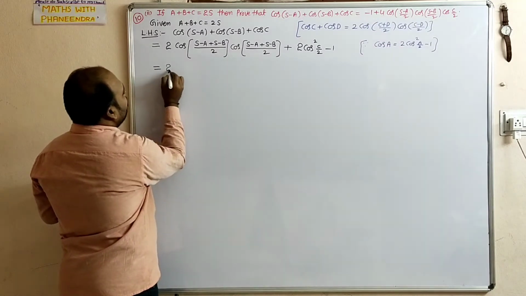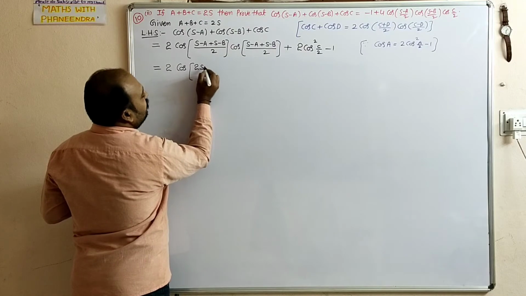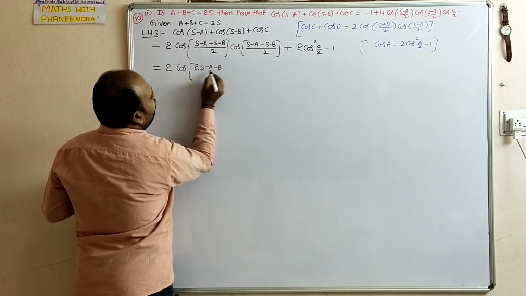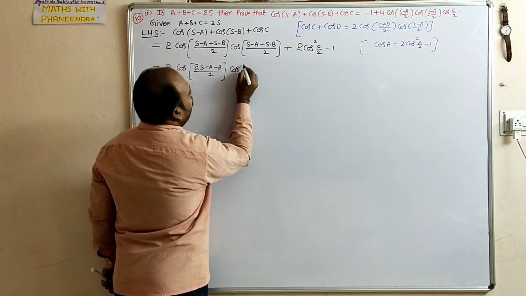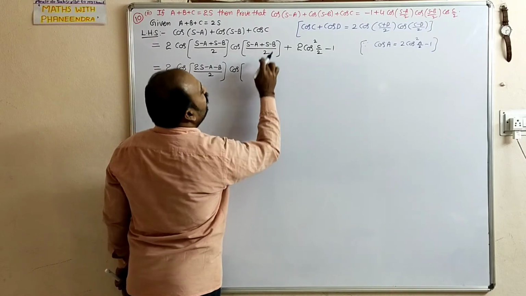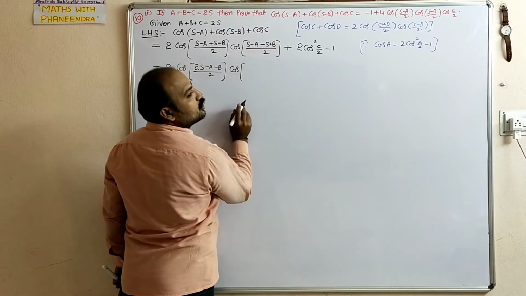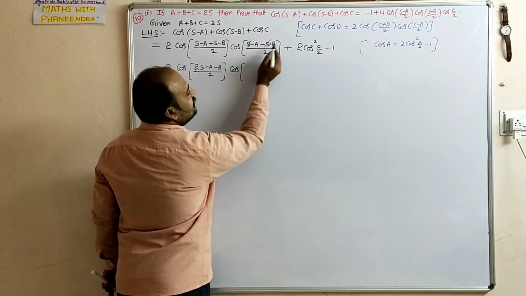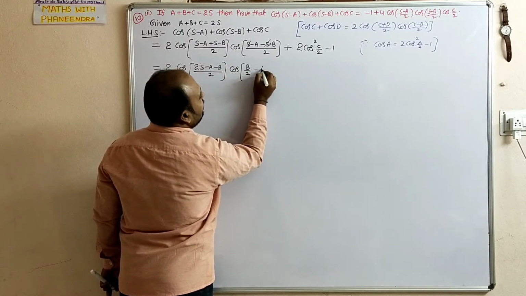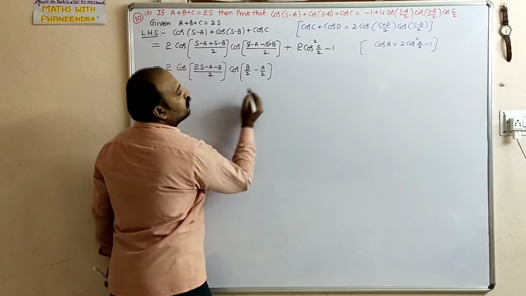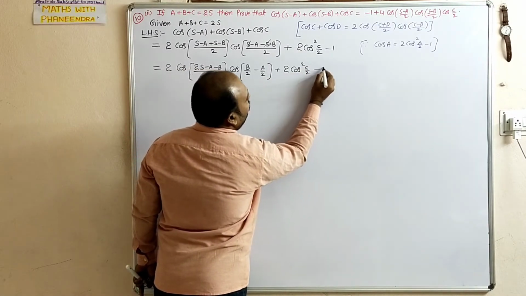So cos of (2s minus a minus b) divided by 2, cos of (minus s plus b) by 2 minus... so minus s plus s get cancelled, b minus a by 2 means b by 2 minus a by 2, plus 2 cos square C by 2 minus 1.